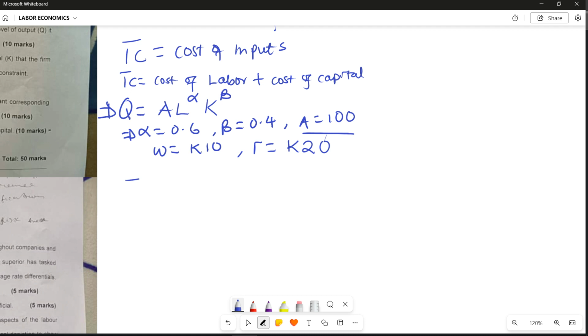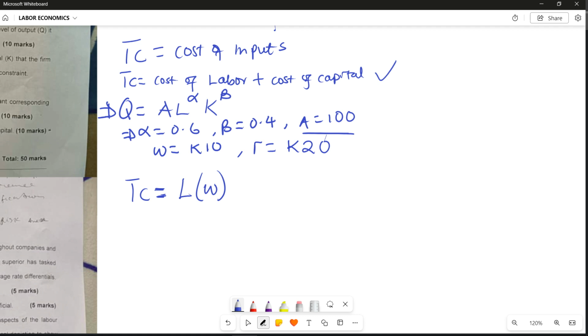And we've said that the total cost is supposed to be the cost of labor plus the cost of capital. So therefore the total cost will be equal to the units of labor that we are hiring, yeah, multiplied by the wage rate per each unit of labor that we're hiring. You see that? So it's the number of people that we are hiring. Let's say 2 security guards. Each will be given a wage.